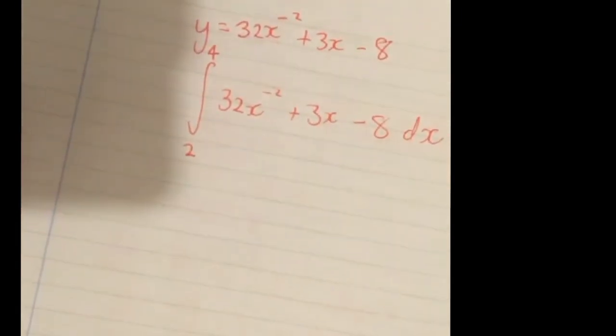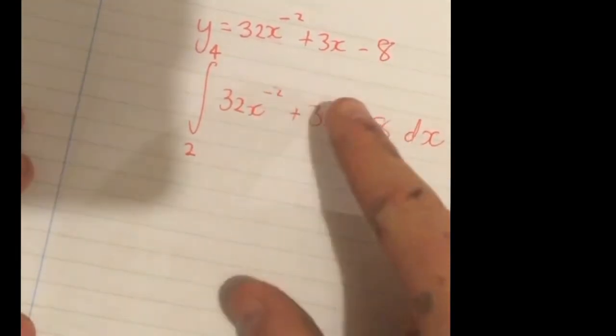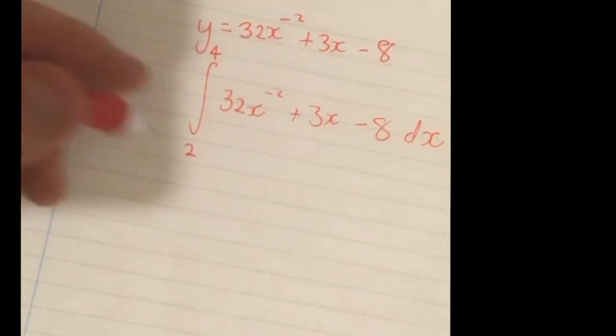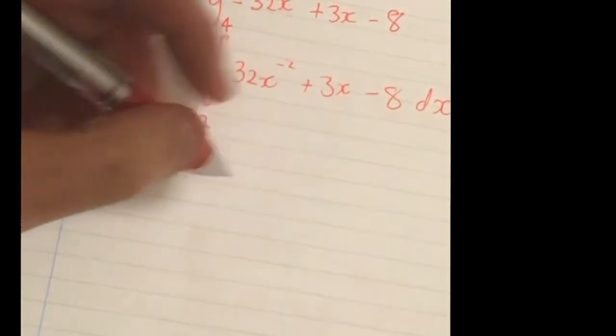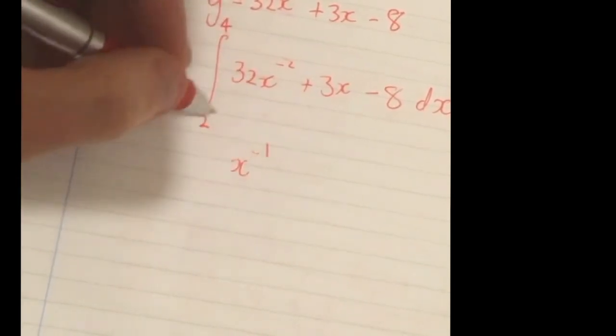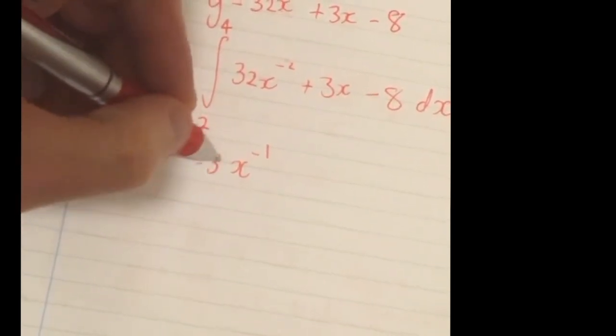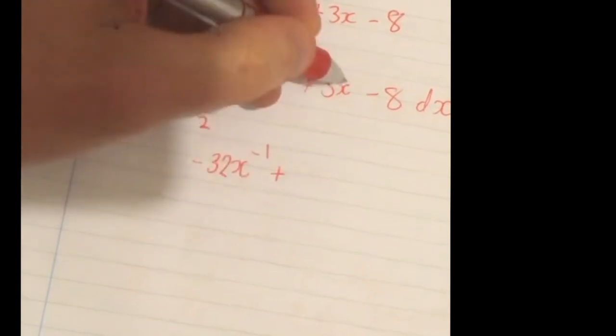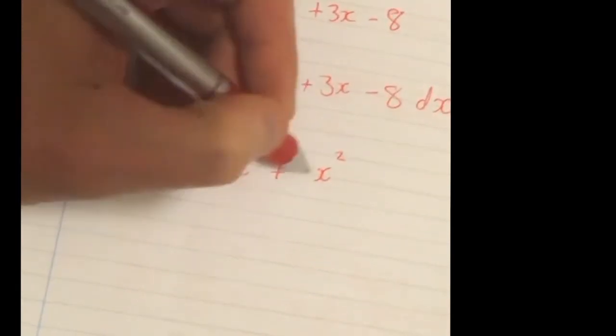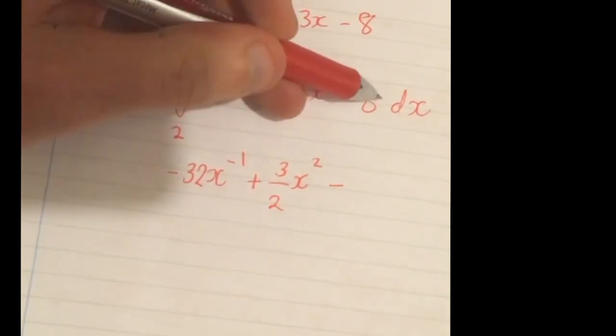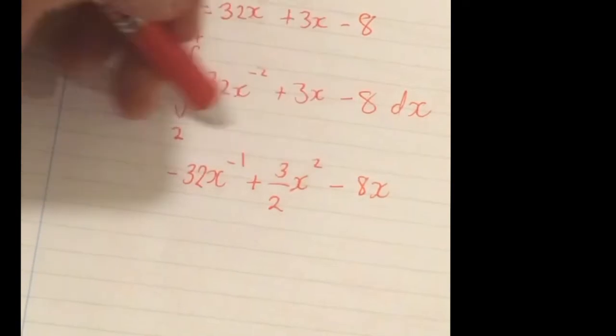Cool. So remember, integration: increase the power and then divide by the new power. So our power is going to become minus 1. 32 divided by minus 1 is minus 32. Plus x is going to go up to x squared, divide by that, 3 over 2 x squared. Then 8 is going to increase in power of x to 8x. Don't need plus c because we've got limits.